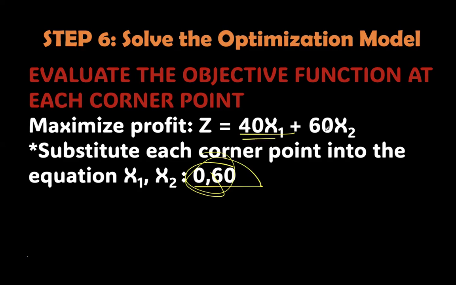This will be your x1, this will be your x2. The point 0, 60 is our first function that we'll deal with. So 0 is your x1 and 60 is your x sub 2.